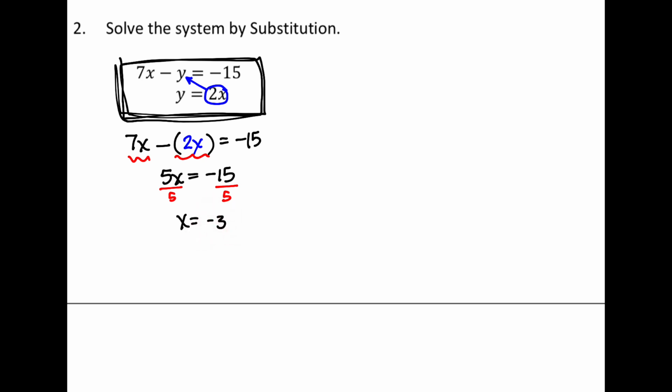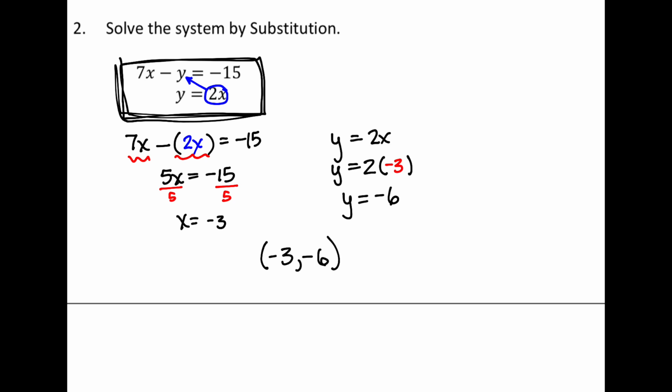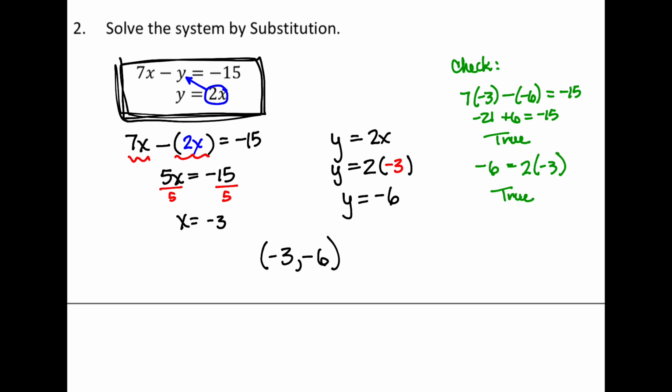I could put -3 here for x, solve this for y, but this one's already solved for y. So that's the one I'm going to use. So y equals 2x. So y equals 2 times x, which is -3. So y equals -6. Writing it as a point is -3, -6. And there's my check, just so you can see it. But that is our correct answer. Okay?